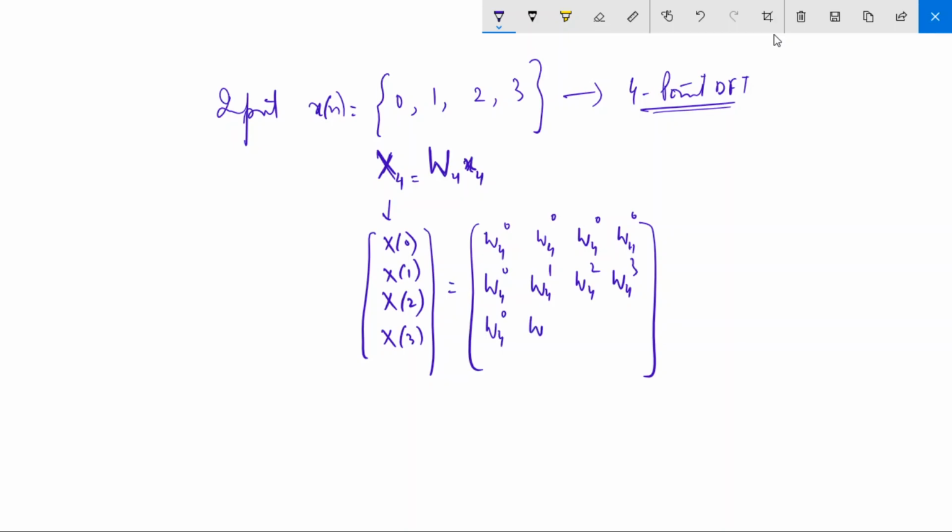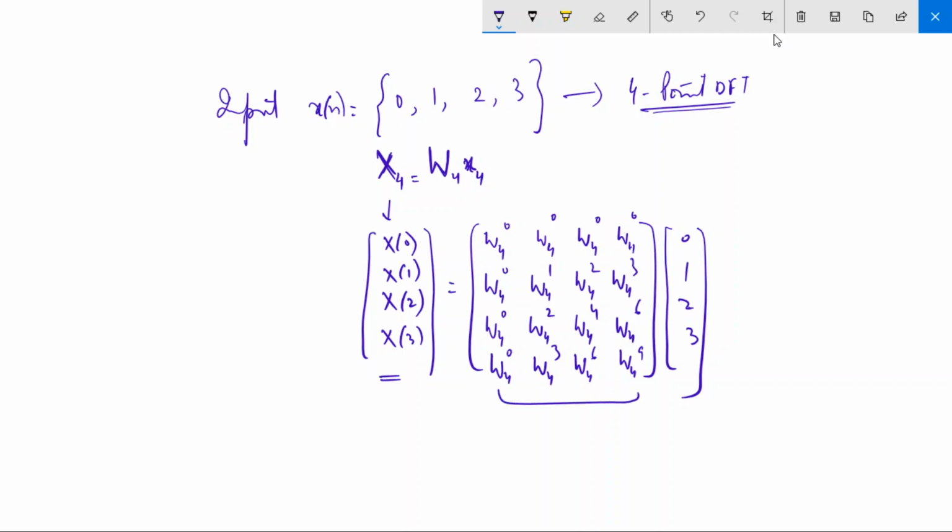Then 0, w4 to the power 2, 4, 6. Then 0, w4 to the power 3, 6, w4 to the power 9. This is the matrix of twiddle factors, and this is multiplied with the input sequence, that is 0, 1, 2, and 3. If you multiply these two, you will get the output, that is the DFT. So first you have to find this matrix W4.